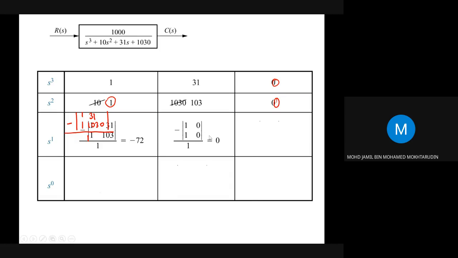And then to determine the next column here, you use the determinant of 1, 10, and this 20 here, divided by this. So you will get 0. And then repeat for row s^0.